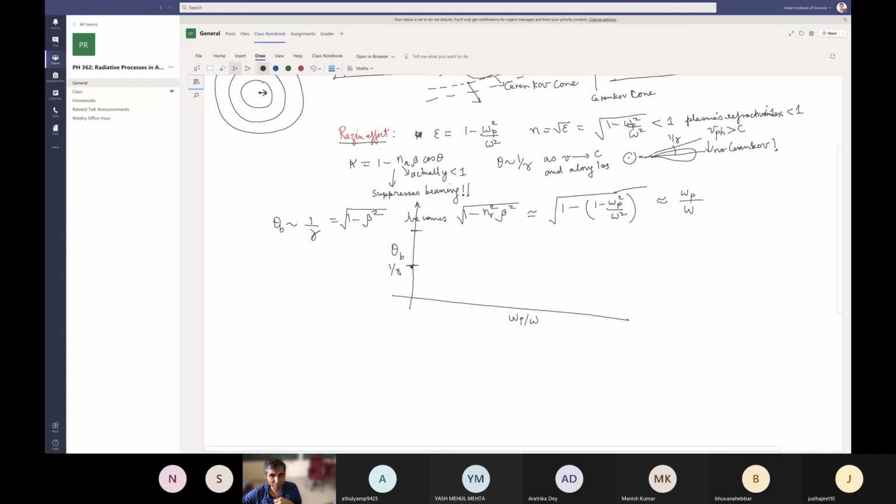At high frequencies it is 1 by gamma, and at low frequencies it becomes larger and larger, it becomes omega_p by omega. Sorry, this axis is frequency. So at high frequencies it saturates at 1 by gamma, and at low frequencies it becomes larger and larger. So beaming is suppressed. That means theta_b is becoming larger, meaning beaming is suppressed.